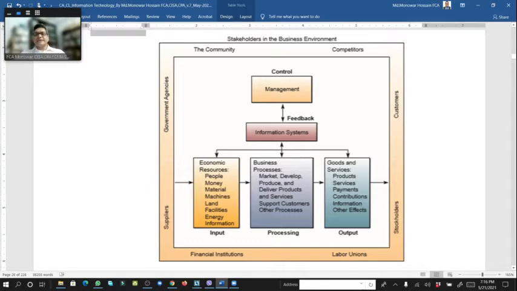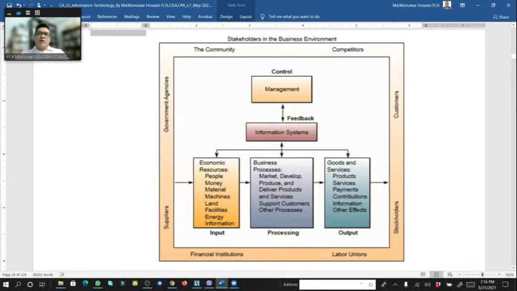All are interrelated here, and this information feedback flows to the management for control. Outside the boundary, this box here, we have the community, the competitors, the customers, the stakeholders, the labor union, CBA, collective bargaining agent, the financial institutions, our bank, other stakeholders, the suppliers, and the government agencies for our tax, VAT, and other things.